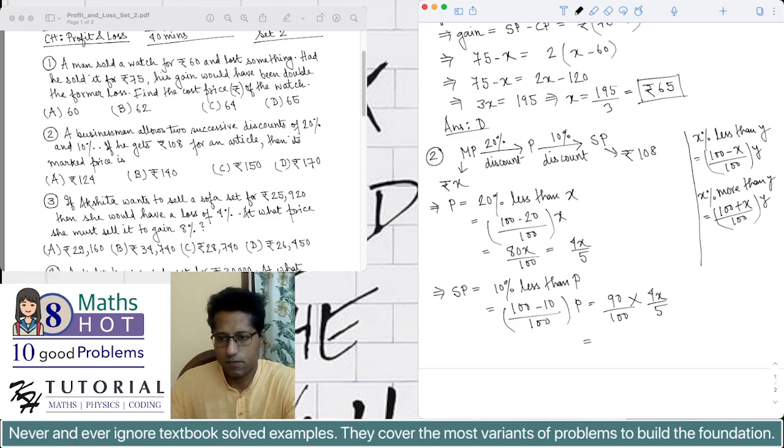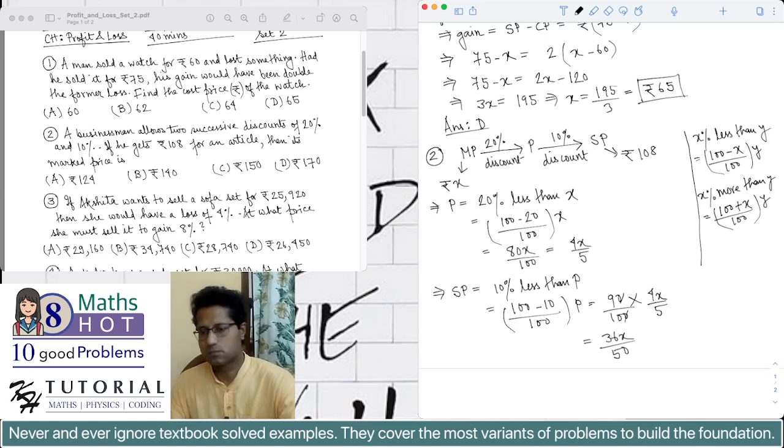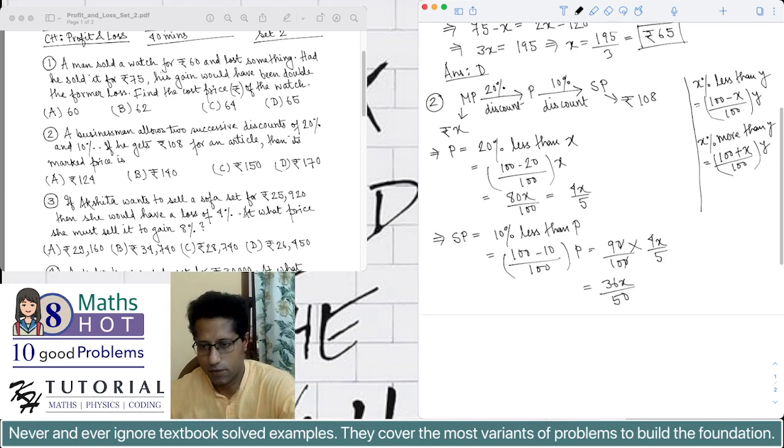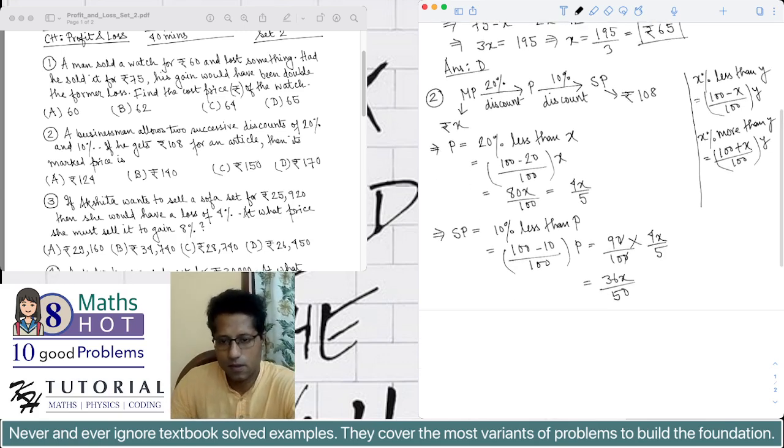After simplification, the zeros cancel, and this is 36x by 50.